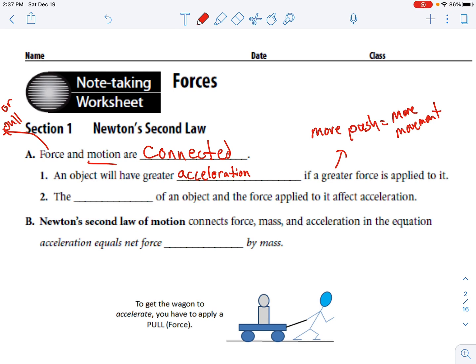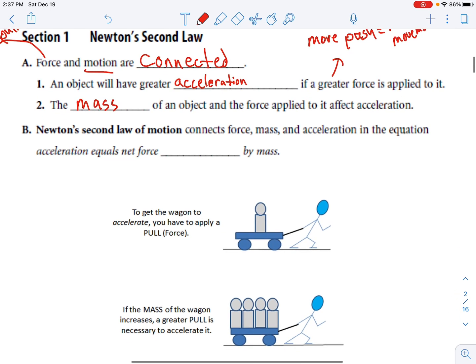Number 2, the other thing that affects this is the mass of an object. I have a picture to help us with number 2. This guy is trying to pull a wagon. To get the wagon to accelerate, you have to apply a force.